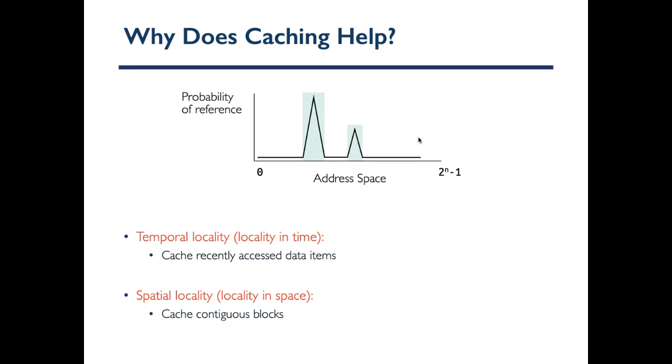Or if you're running your code, if your PC is now somewhere, there's a high chance that next time you're going to access PC+4, the next one. There is a low chance that you're going to jump to a new address, right? So that would be spatial locality.